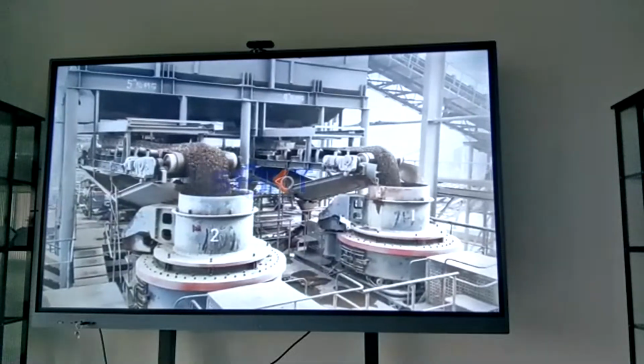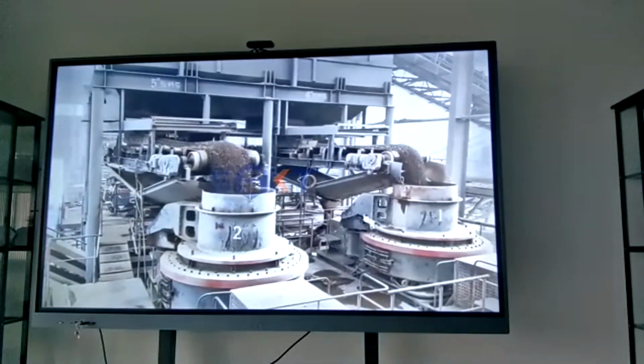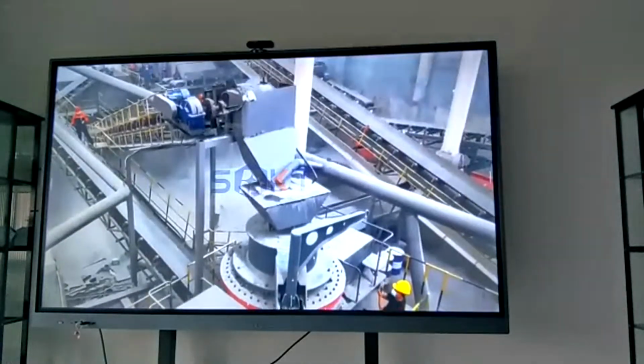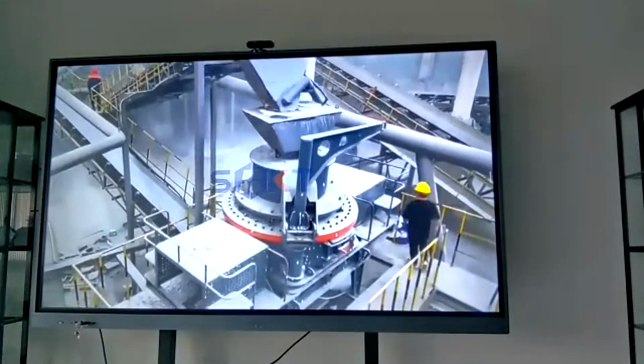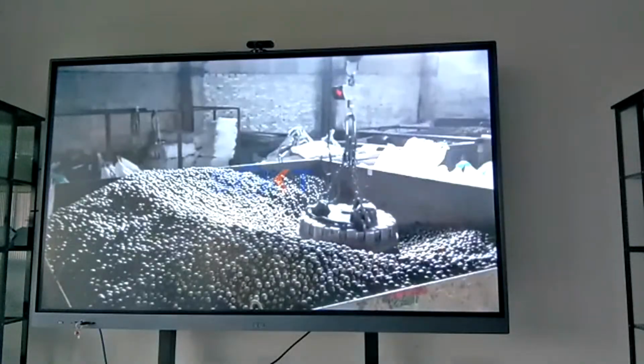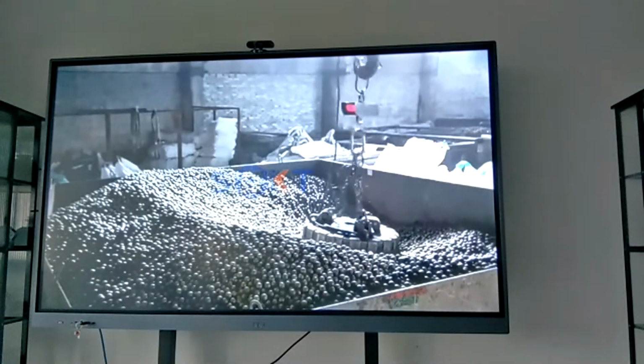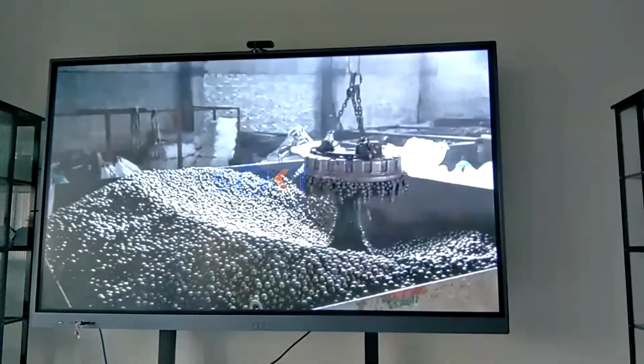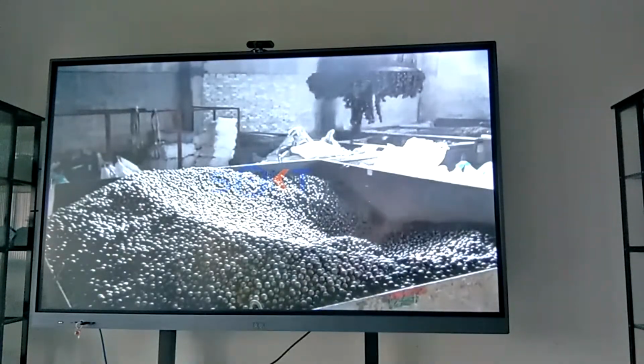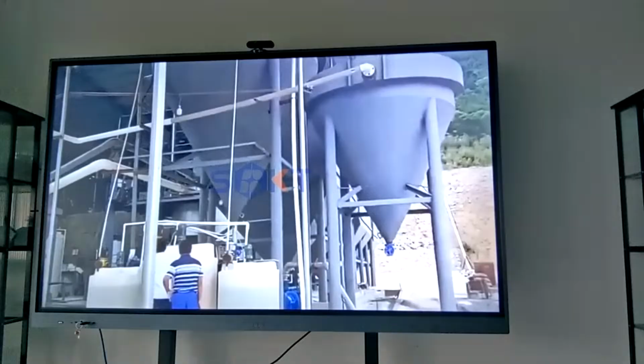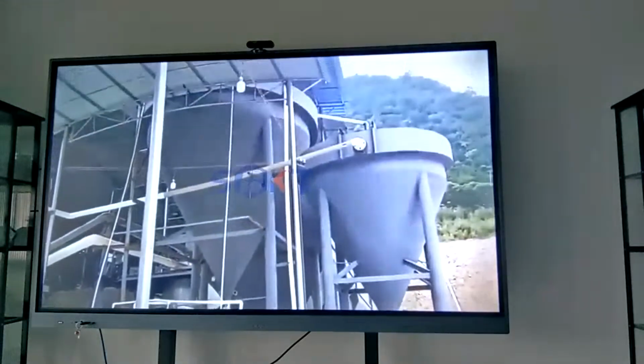First is the carbon leaching tank. Activated carbon is added during leaching to absorb gold, achieving simultaneous leaching and adsorption, the CIL process.